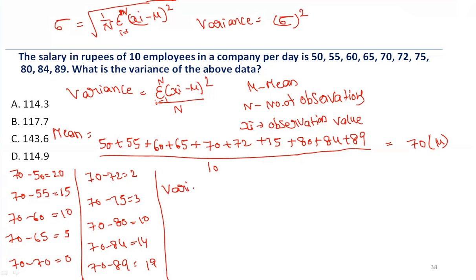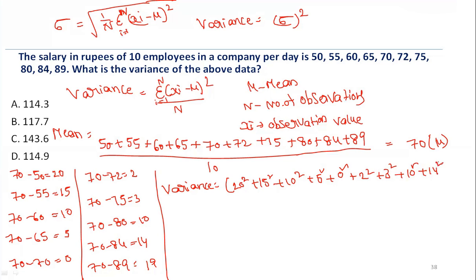Okay, so variance is equal to squaring up all the values: 20 square, 15 square, 10 square, 5 square, 0 square, 2 square, 3 square, 10 square, 14 square, 19 square. Square up all the values and then divide by 10, right?